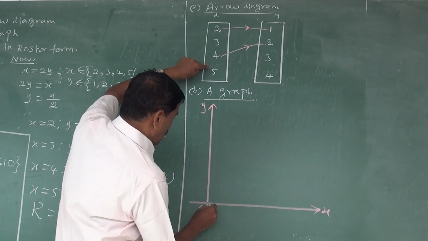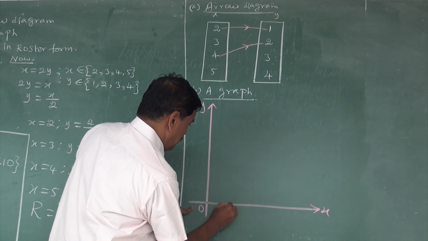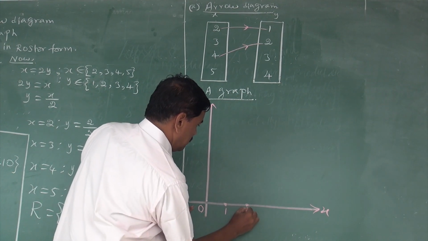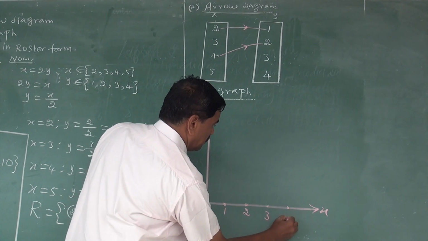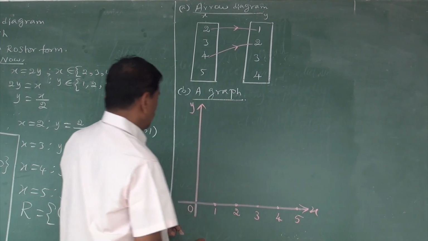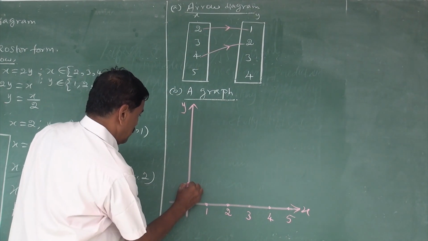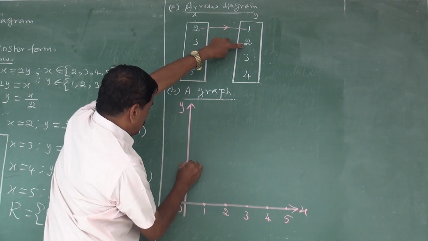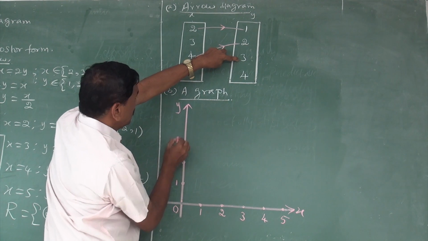Okay, first one is 0, next 1, next 2, next 3, 4, 5. Okay. Along the y-axis 1 to 4. Enough. Okay. Listen. 1, 2, 3, 4.